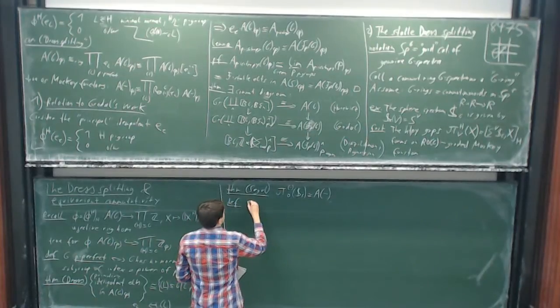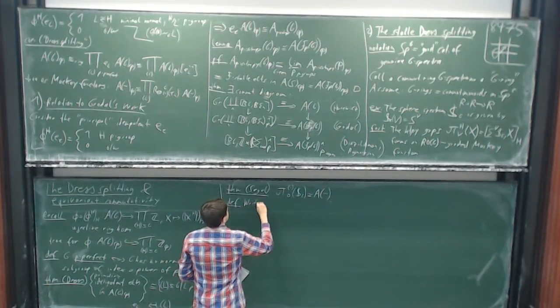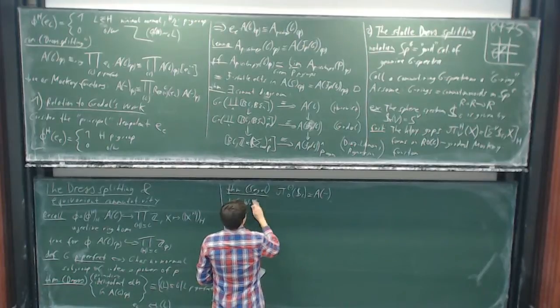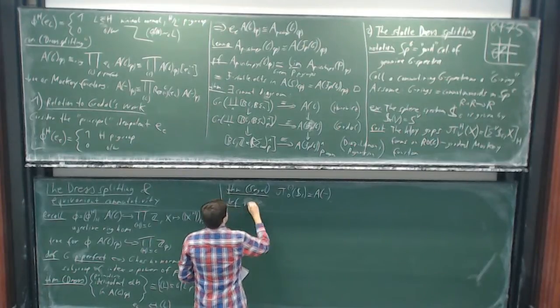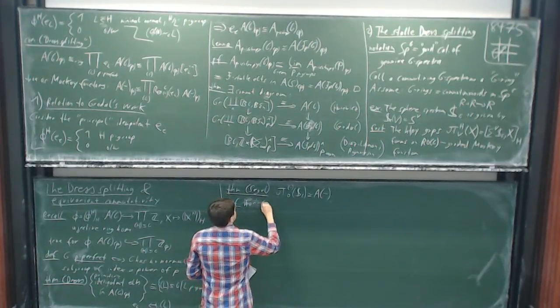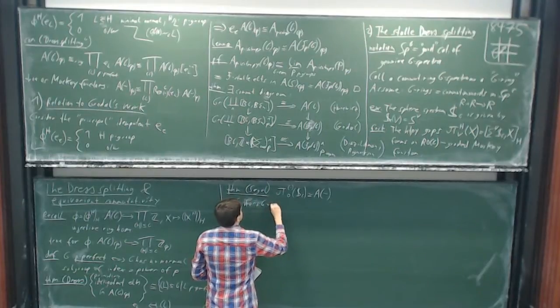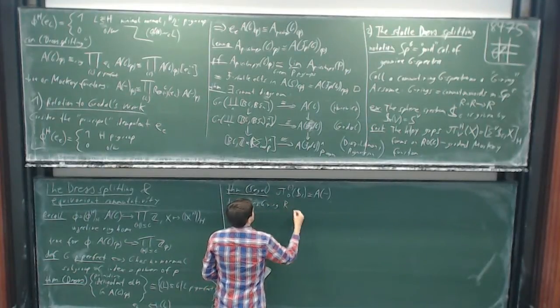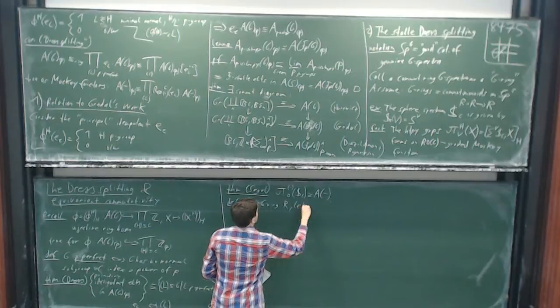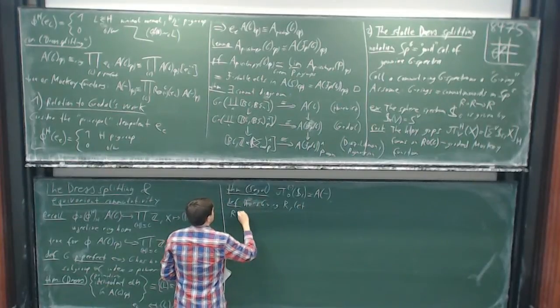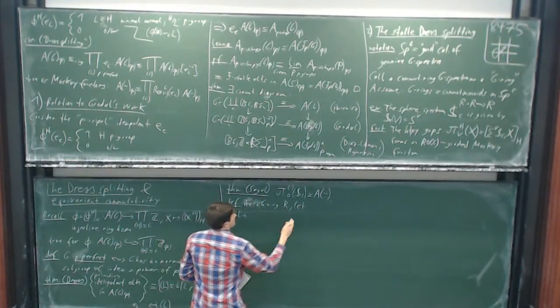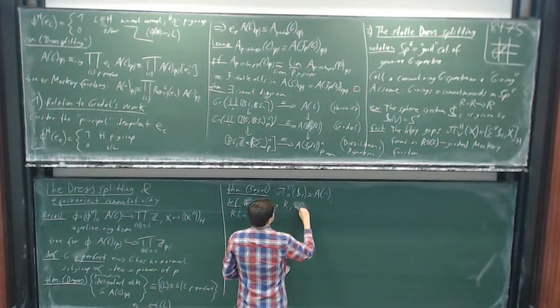Definition. So I guess we want to start with a G ring. For a G ring R, I also need something to invert, sorry.